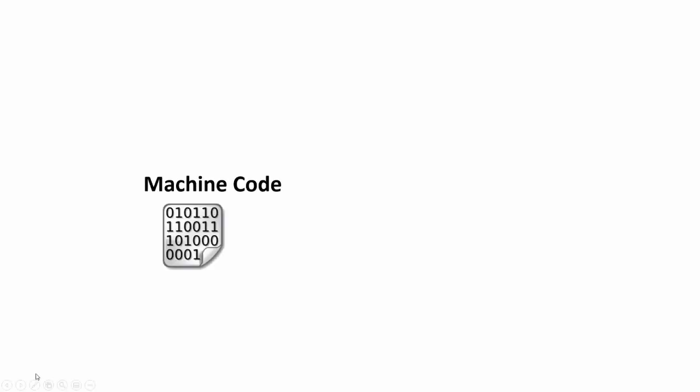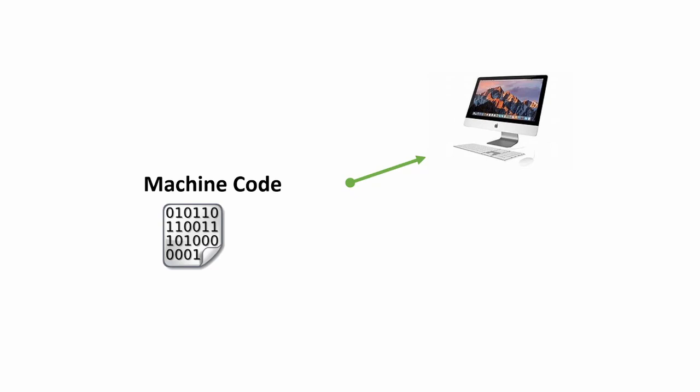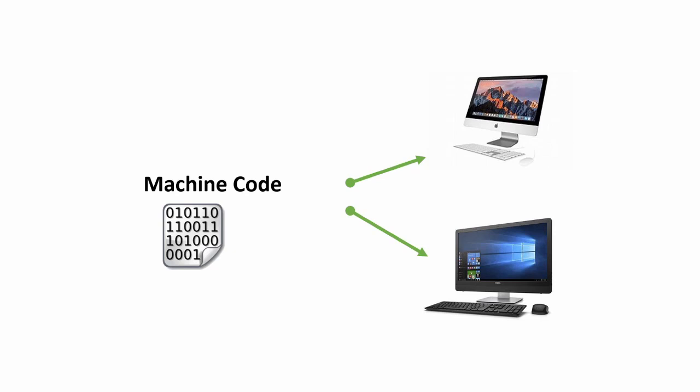But this does actually cause a little bit of a challenge for us, because just like with our machine code, what happens when we have a different microprocessor? For example, if I've got an iMac, that is going to take a certain type of machine code versus a Windows machine. So they're not going to be compatible machine code, and that can be a little bit of a challenge for us. So we need to overcome that.